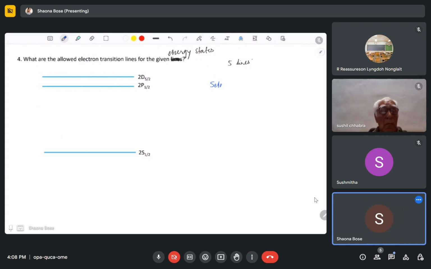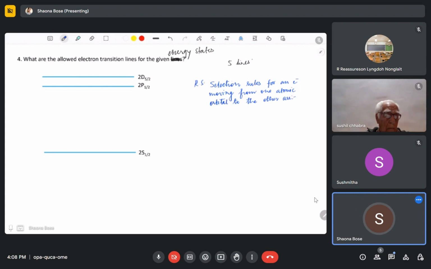You must be knowing already that the selection rules for an electron moving from one atomic orbital to the other are, okay, these are the RS selection rules, that means LS coupling.